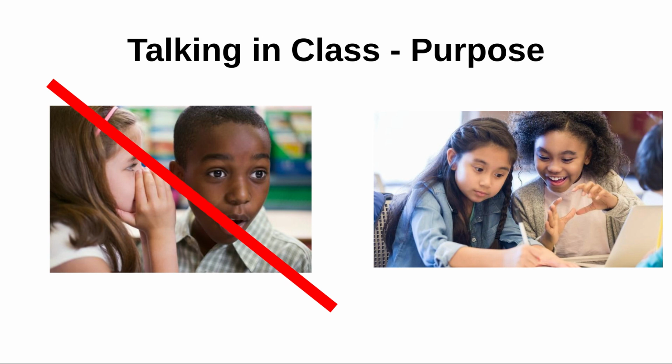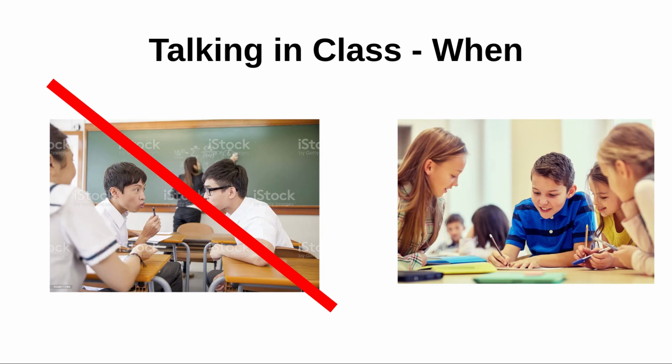If the purpose is helping students, as in the picture on the right, about how to do a particular assignment or helping with understanding, that's very appropriate. Learning is a collaborative activity. If we're talking about secrets and spreading gossip, that's not appropriate. That would put you out of the strike zone. When should you talk in class?